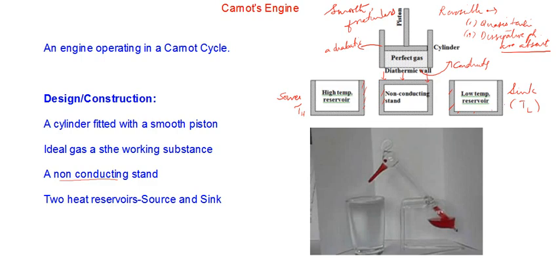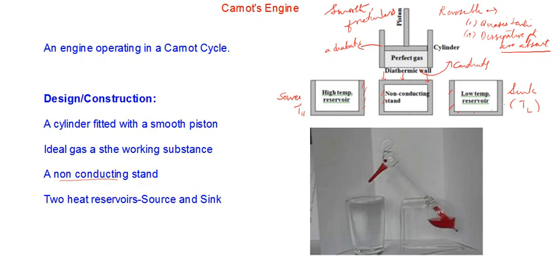If you keep the cylinder over this stand, then the bottom part of the cylinder will also become something like the other three sides. It will also get isolated. So once the cylinder is kept on the non-conducting stand, the system is completely thermally isolated from the surroundings.